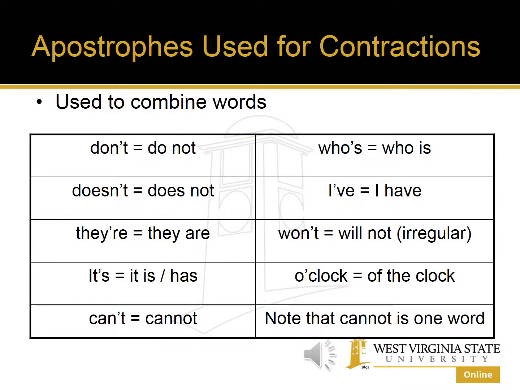So one of the common uses of an apostrophe is for contractions, used to combine words. Here we have some examples, some of the more common contractions.